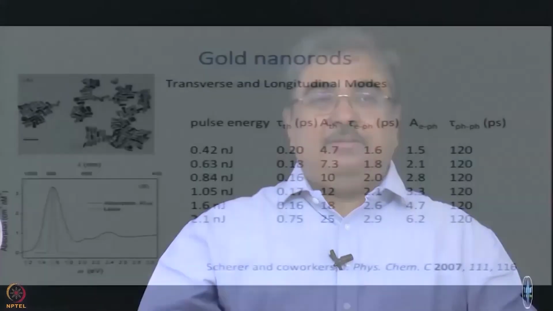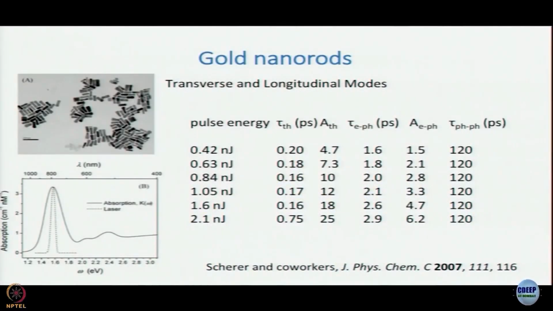Okay. So, it is a more complicated experiment than a simple pump probe, but the time constants that they got were these. First, TH means thermalization, electron-electron interaction. For that, you see the time constant went from 200 femtosecond up to 750 femtosecond as pulse energy went up, and the amplitude went up as well.